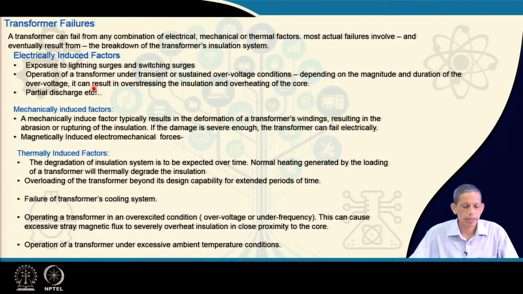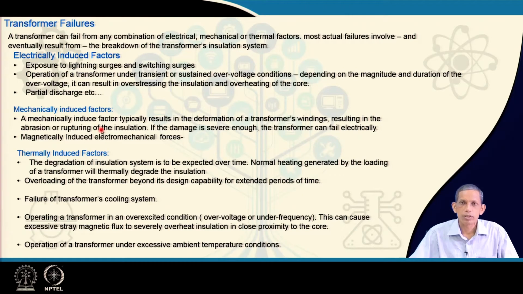Further, magnetically induced electromechanical forces may be so severe during large currents, such as during a fault in the system, even an external one, and may lead to insulation failure. Those mechanical forces may not be immediately noticed, but they may lead to degradation of the insulation and finally result in a permanent fault.